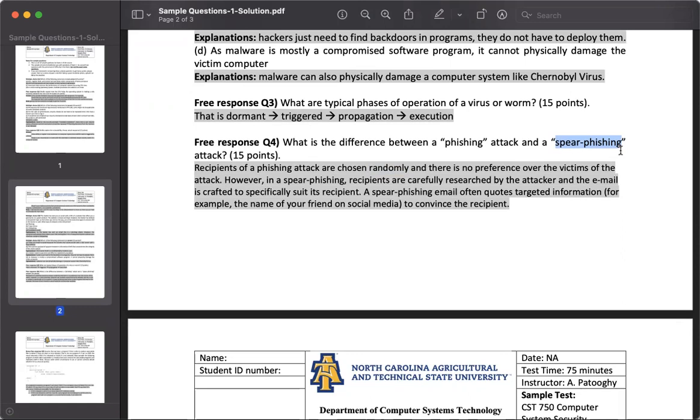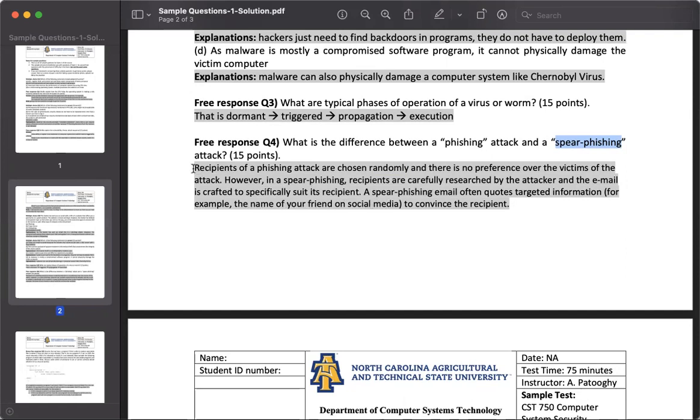And I read it, everything looks okay to me, unless you look at the domain, where exactly the email is coming from. So in spear phishing, emails often contain targeted information, such as your name, names of your friends, social media, or something related to your job. I mentioned it in the lectures as well.